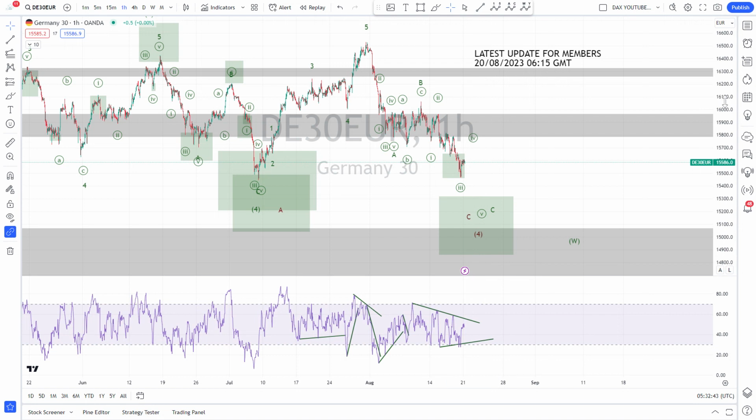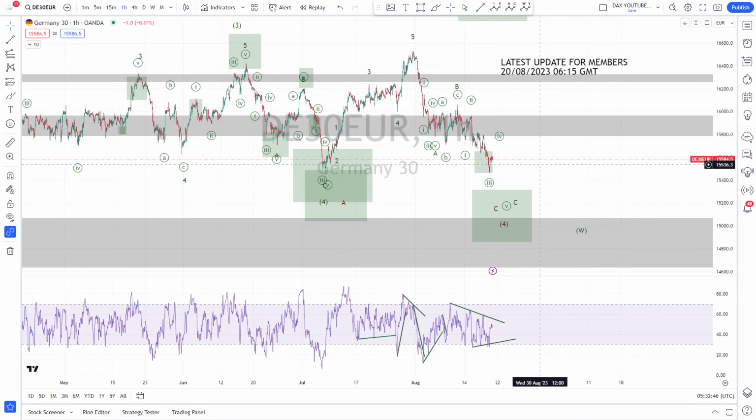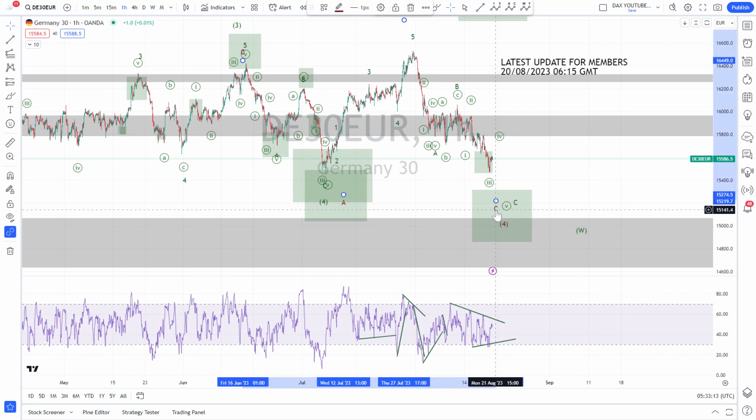because in the green scenario, I would expect that the wave C can end somewhere here, like just below, for instance, this wave 3, or just taking out this low here and going up again. While the wave C in red, I would expect will go deeper into this area, because then it becomes like 1, 2, 3, 4, 5.